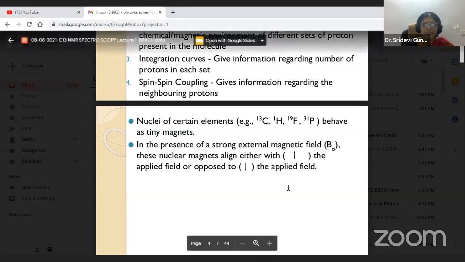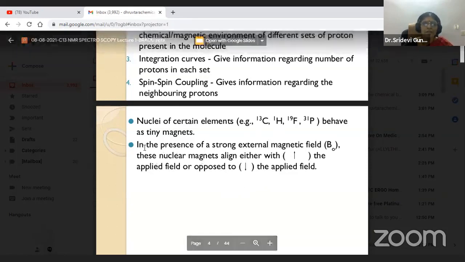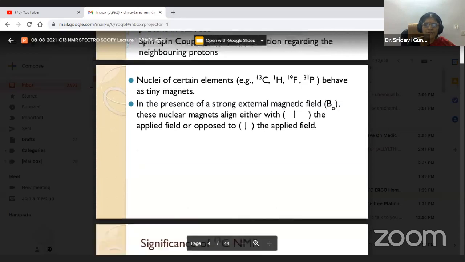That means there is an energy difference created, delta E. That delta E is very small, and that is the reason why magnetic nuclei can absorb the very less energetic part of electromagnetic radiation, that is the NMR part, the radio frequency range, meaning longer wavelength, very low energy radiation.